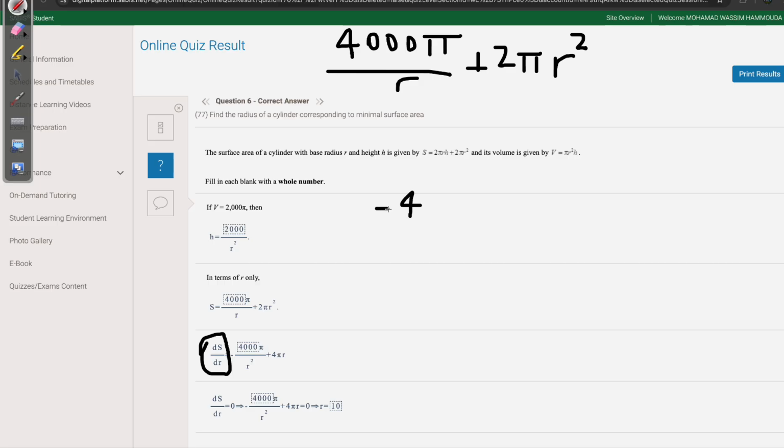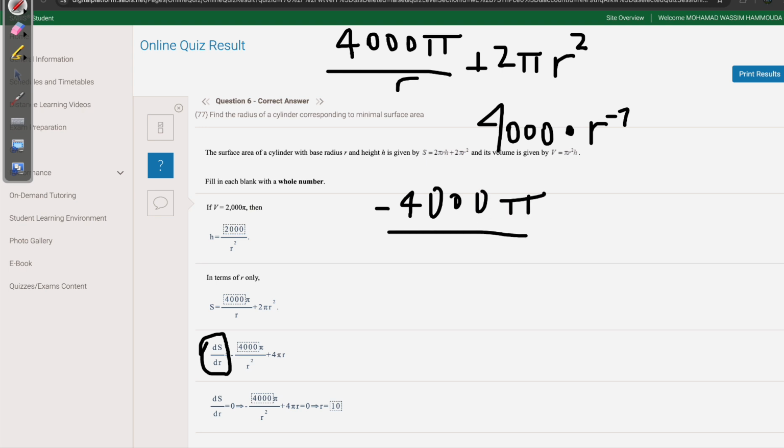There's a way you can do it, which is 4000 pi times r to the power of -1, which will give you negative 4000 pi over r squared, because it becomes r to the negative 2, and then you take it down, plus 4 pi r, which is what we have here.